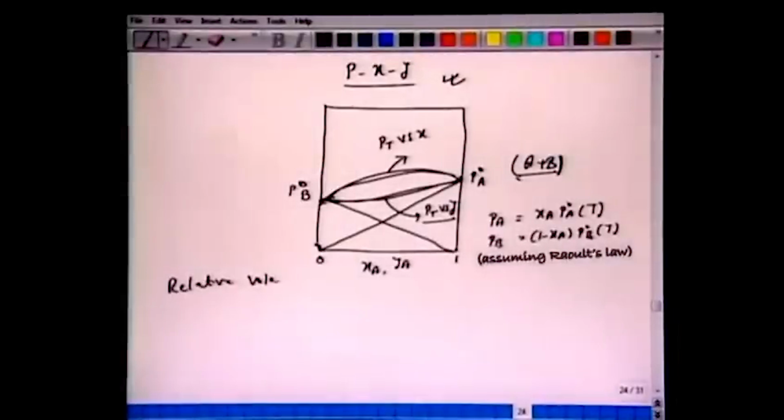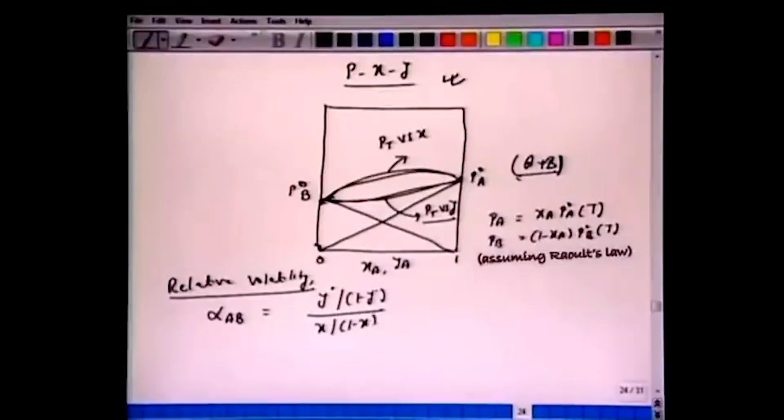So relative volatility, the nomenclature used is alpha AB. Relative volatility of A with respect to B is defined as Y star over 1 minus Y star, divided by X over 1 minus X. Here Y star means it's in equilibrium with X. In other words, for A and B, this would be YA over YB divided by XA over XB, which would be the same as PA over PB.